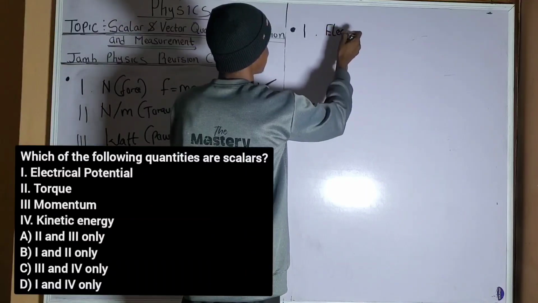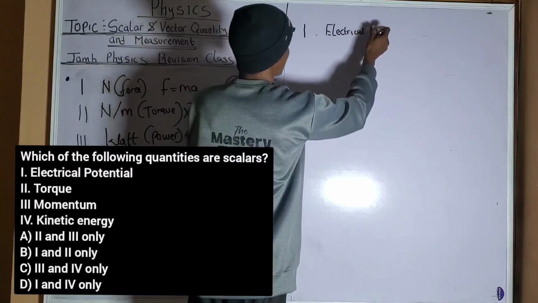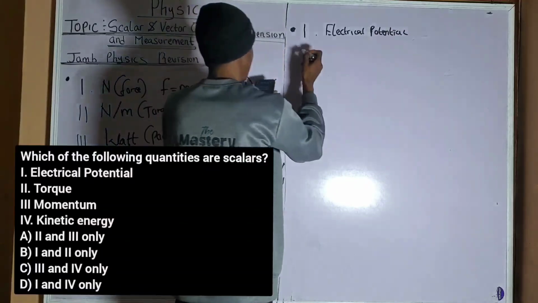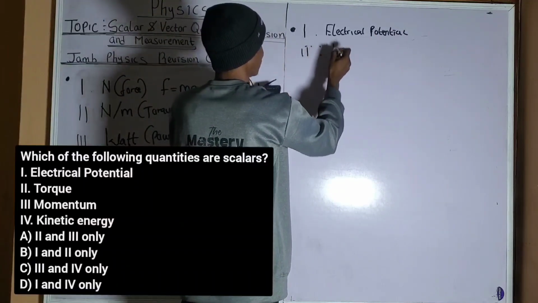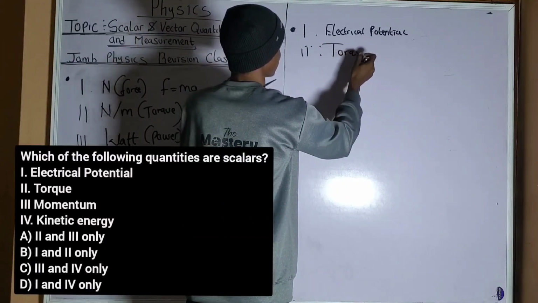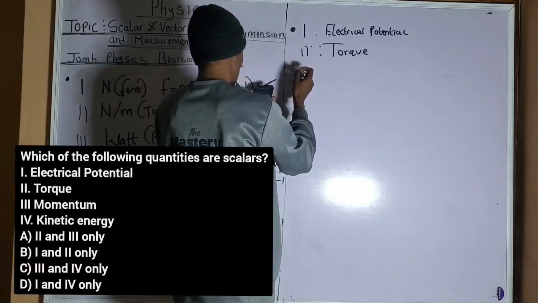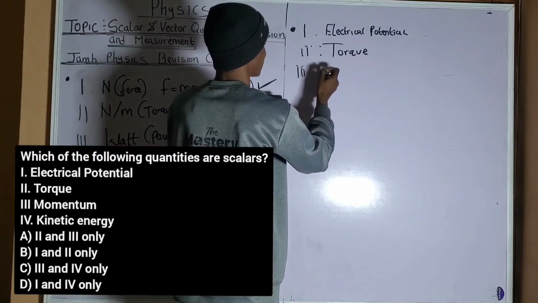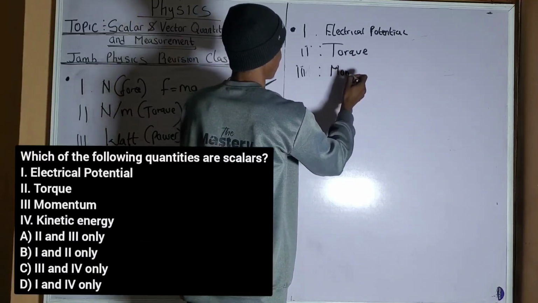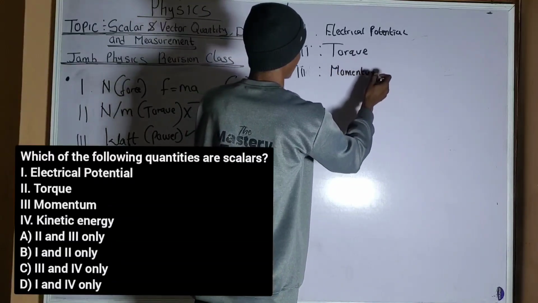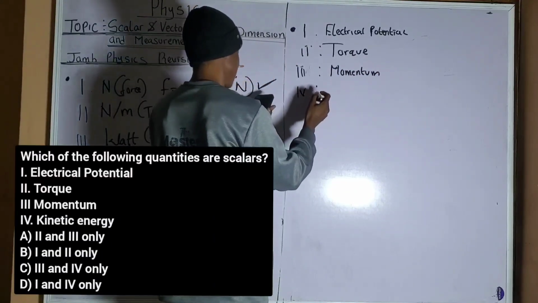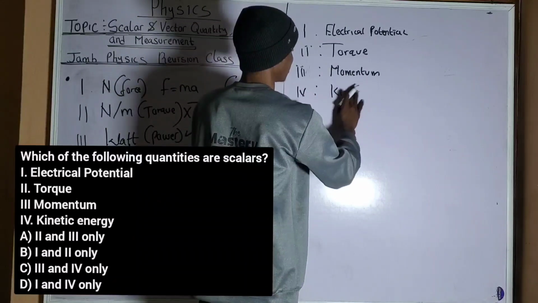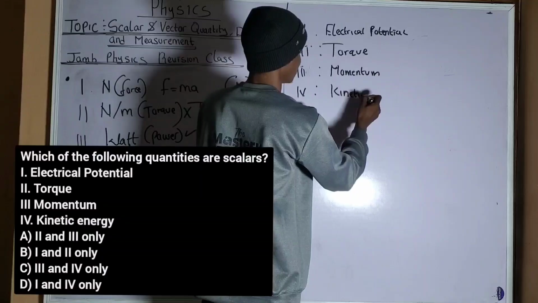And II stands for torque. You understand? And also we have III, which is for momentum. You understand? Momentum. And we have the fourth, which is IV. That is kinetic energy.